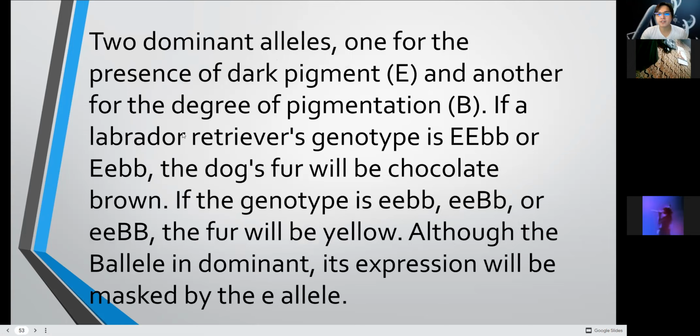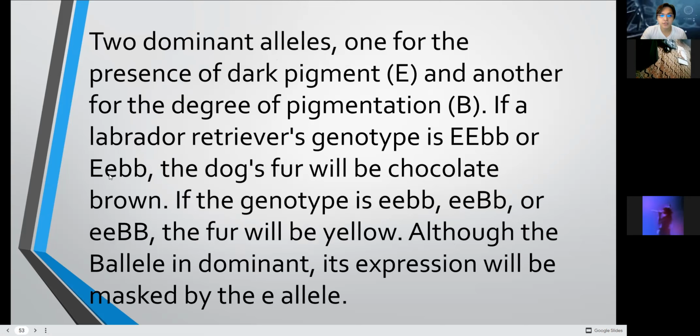Two dominant alleles, one for the presence of dark pigment and another for the degree of pigmentation. If the Labrador retriever's genotype is EEBB, with EE all capital, it means that it is dark and the pigment is light, because this is the pigmentation.